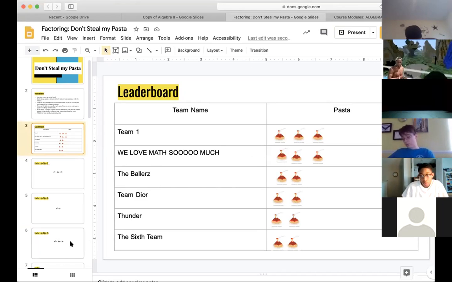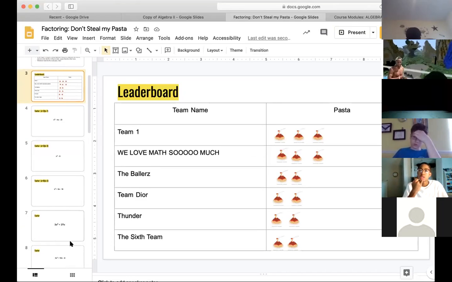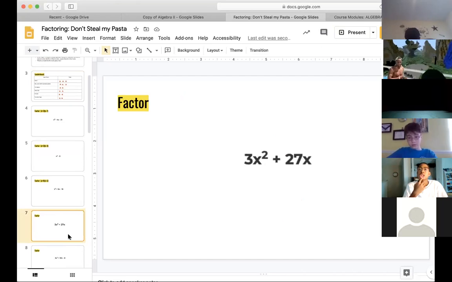So here is your question. Team 1 and the sixth team are the teams that are participating. Whichever team gets their answer in the chat first will get the pasta. You ready? Get ready. Get set. Go. Factor 3x squared plus 27x.